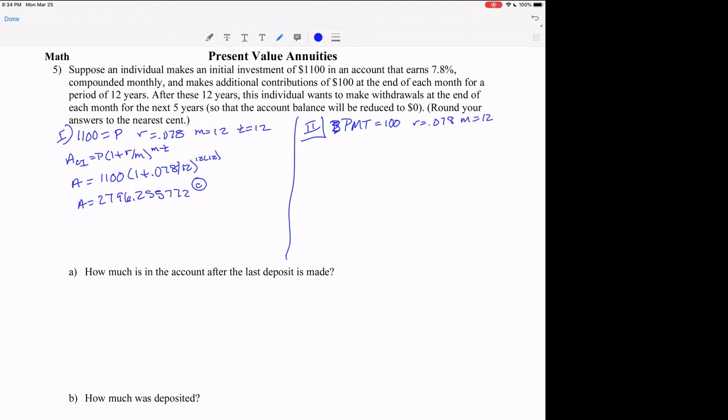M is still going to be 12. Your time is still going to be 12 years. And so now you want to find your present value. Sorry, not your present value. You want to find how much your future value will be at the end of that 12 years.